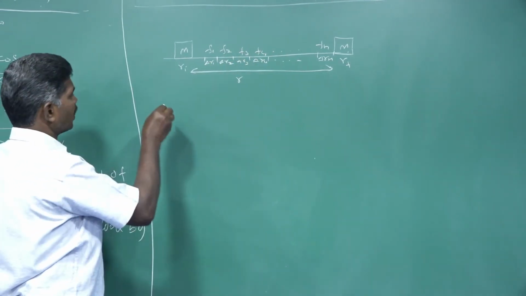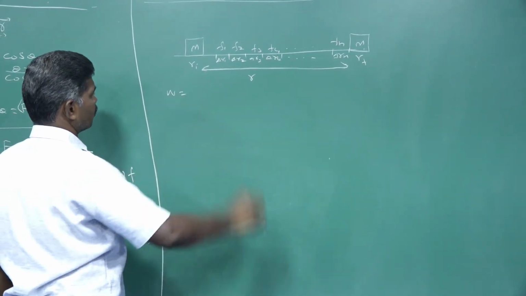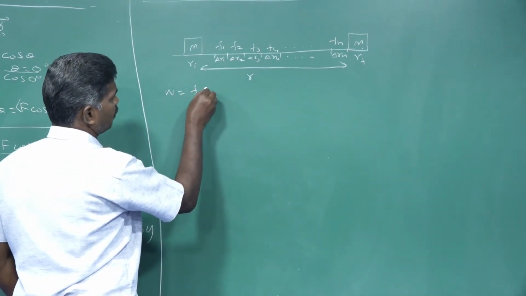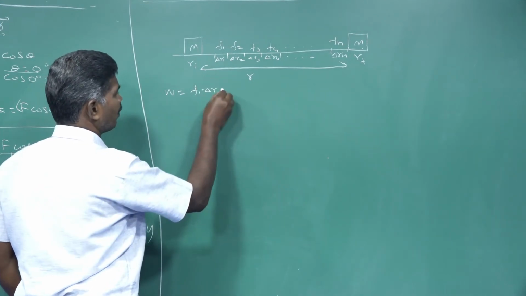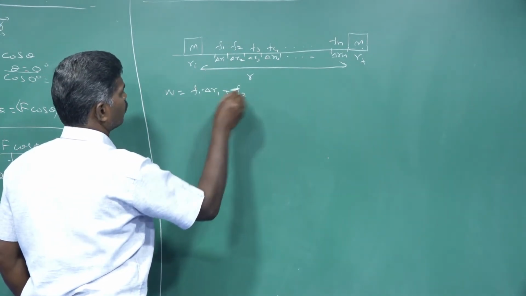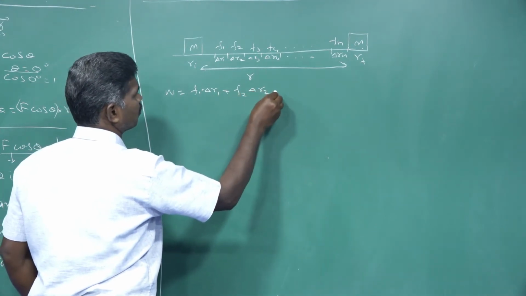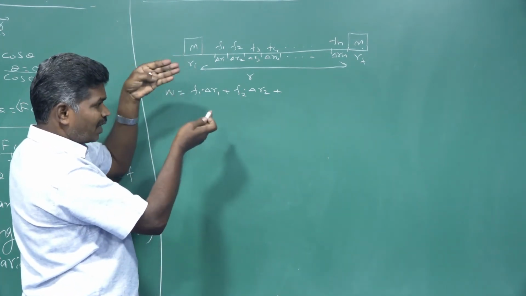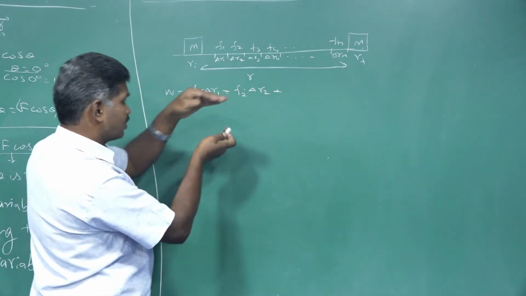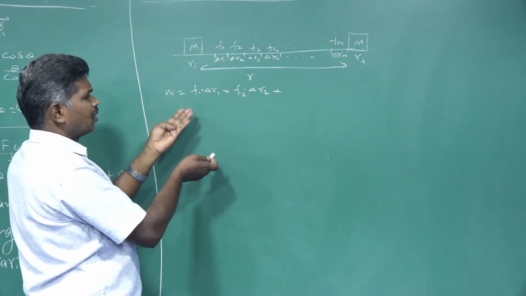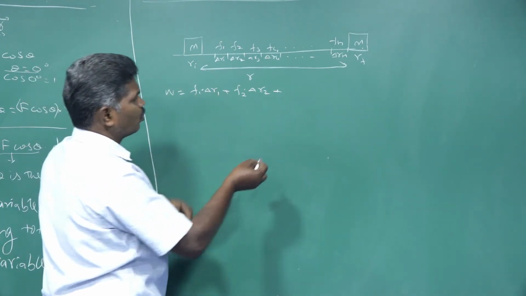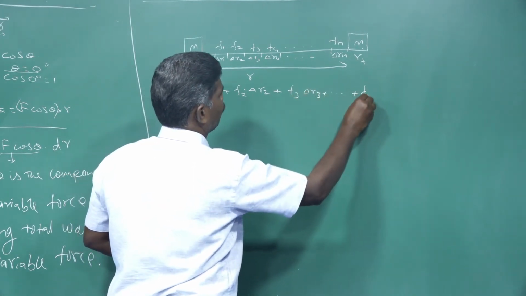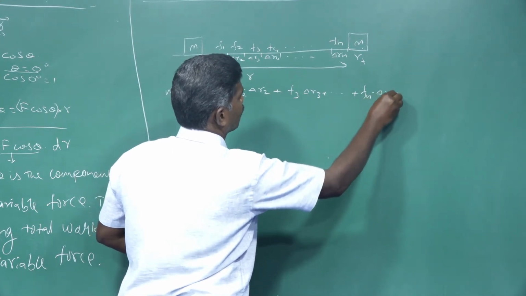So the total work done, W, is force into displacement, that is, F1 into del R1 plus F2 into del R2, where the displacement and the variable force act in the same direction, that is, the component is acting in the direction of displacement. Then plus F3 into del R3, and this goes on up to Fn into del Rn.